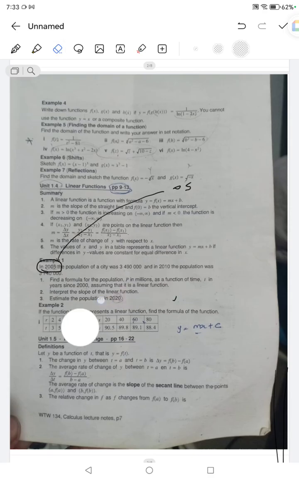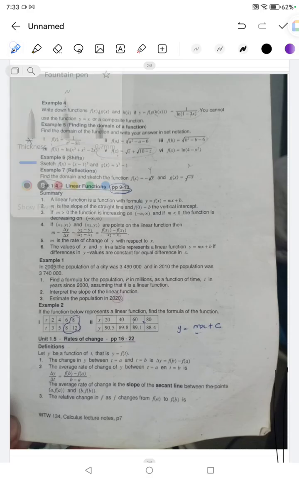Another thing that I've seen people get wrong: you're given an example like this. Let's read it together. In 2005 the population of a city was 3.49 million, and in 2010 the population was 3.74 million.